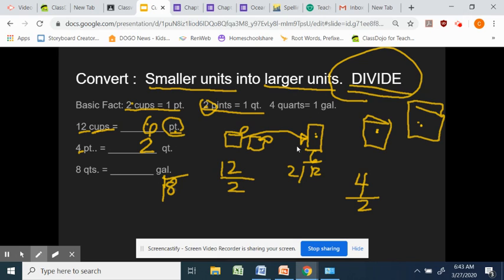So I'm going to divide 8 divided by 4, which is 2. If I want to check my answer, 2 gallons, 2 times 4 is 8. Okay? So remember, I'm going to erase this.